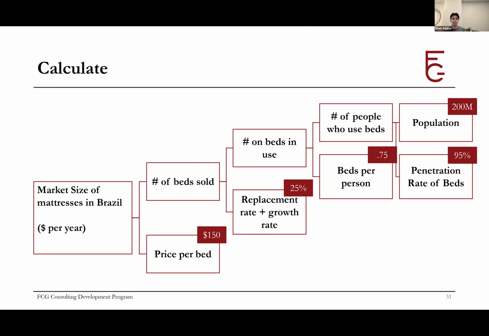For the 200 million times 95%, I know that 95% of 100 million is 95 million. And if you times that by 2, that's 190 million. Then 190 million times 0.75.